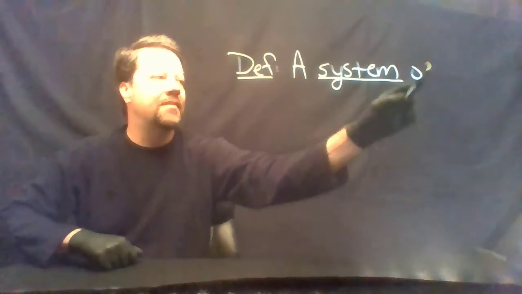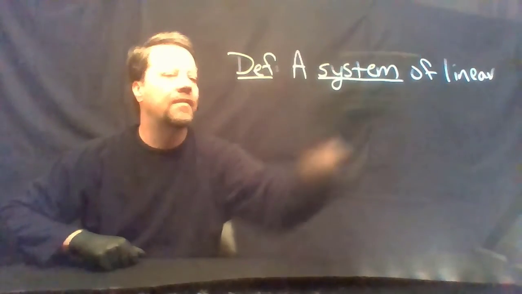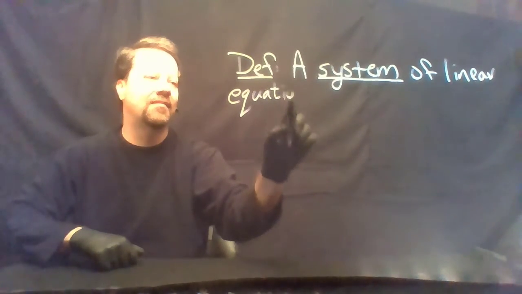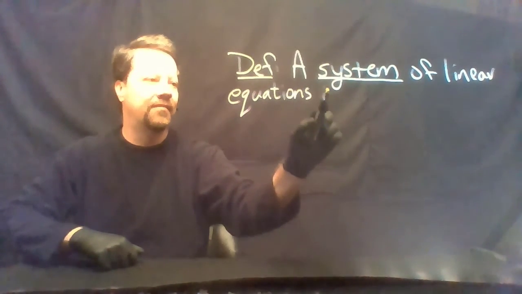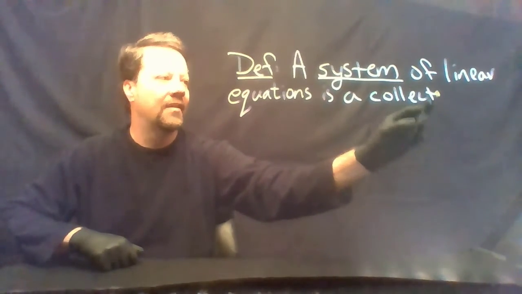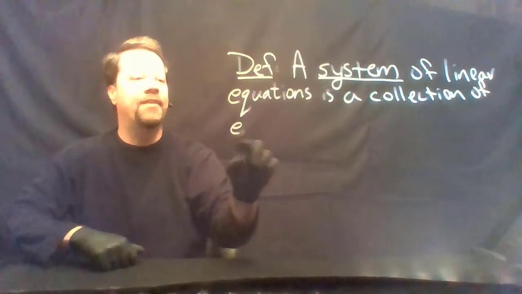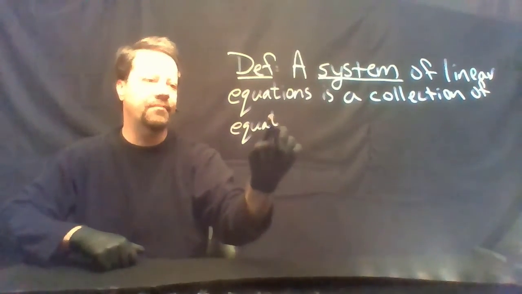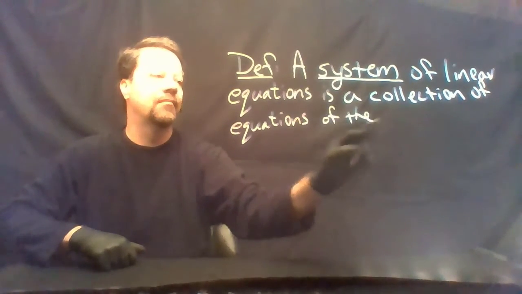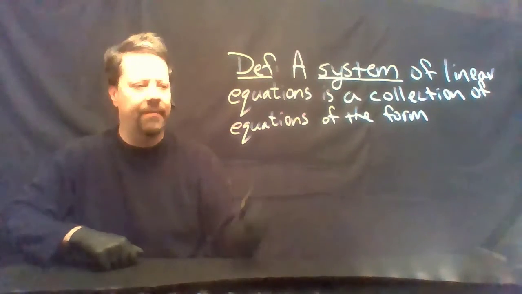A system of linear equations is a collection of equations of the following form.